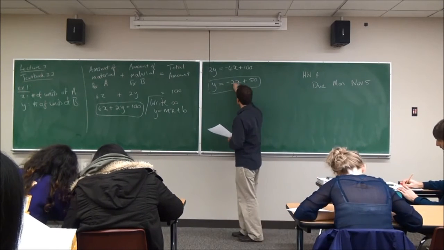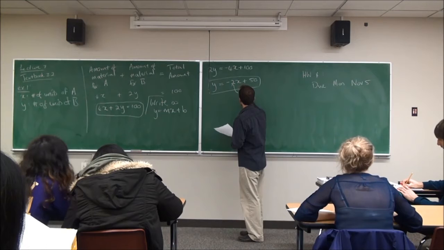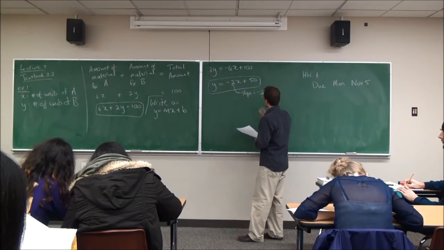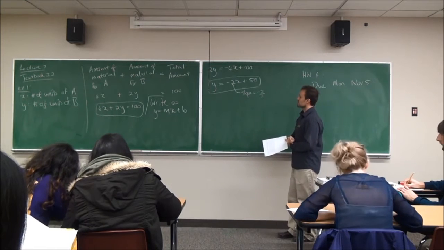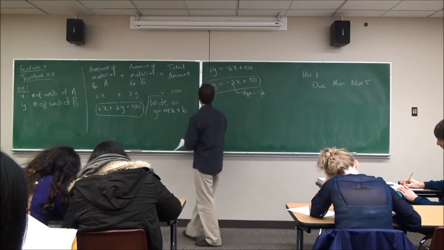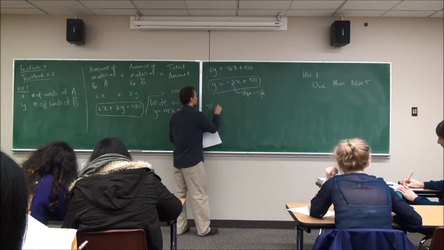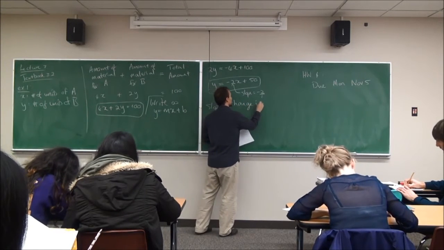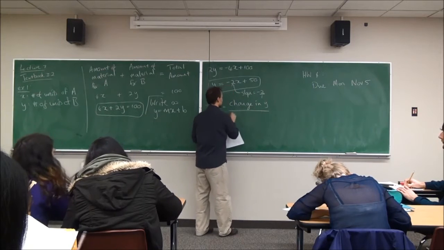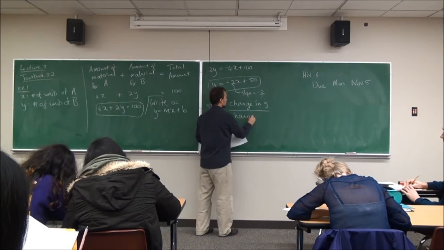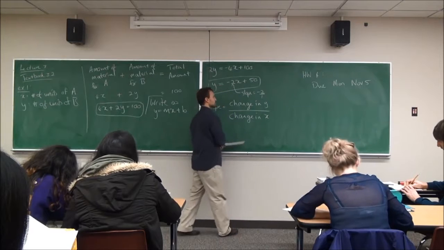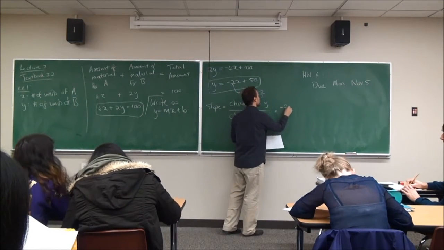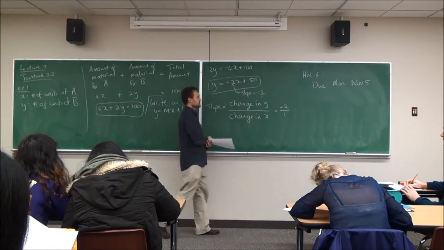Because now I can interpret the slope. The slope is negative 2 or negative 2 over 1. How do I interpret the slope? The slope, remember, is the change in y over the change in x. And that is a ratio of -2 to 1.